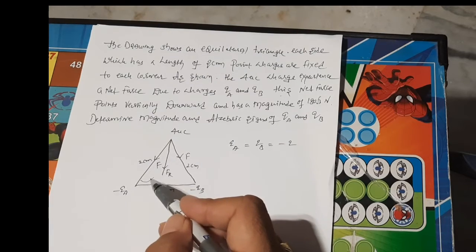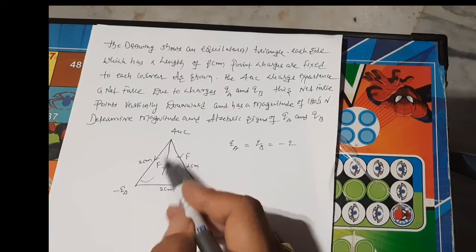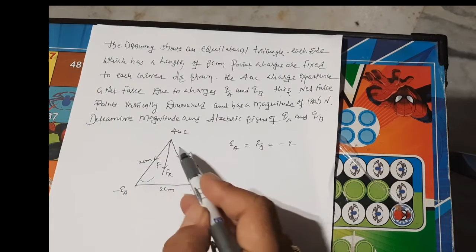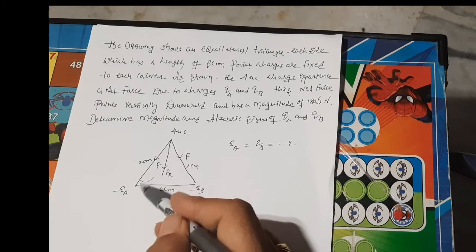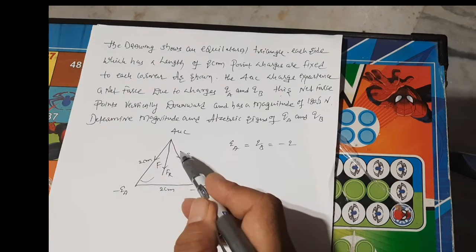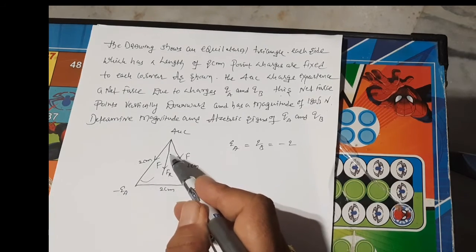Then only there is an attractive force between the 4 microcoulomb charge and this charge, and between the 4 microcoulomb charge and that charge. Then the force is acting along this direction, and the net force acts vertically downward.